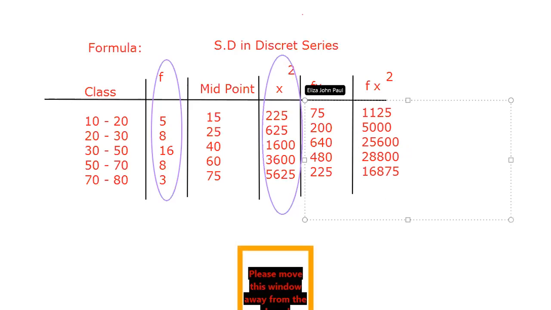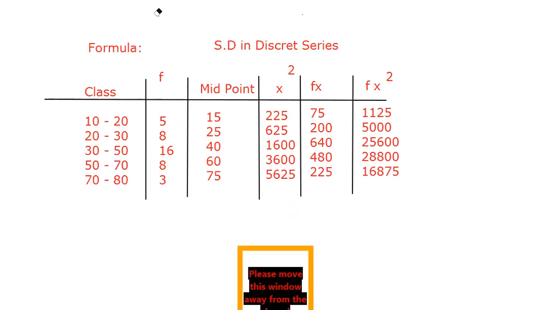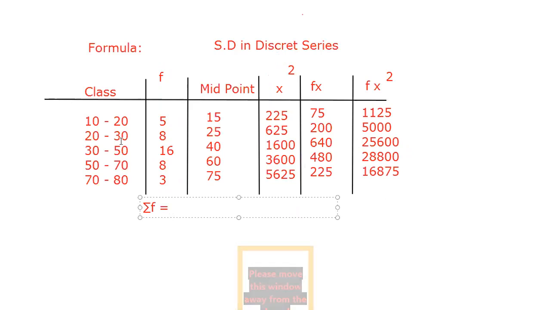So now, according to our formula, we need to identify sigma f, right? We need sigma f to apply in our formula. So what is our sigma f? That is 5 plus 8 plus 16 plus 8 plus 3, so that is 40.